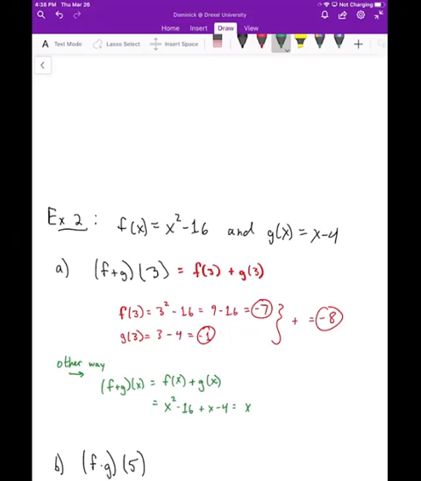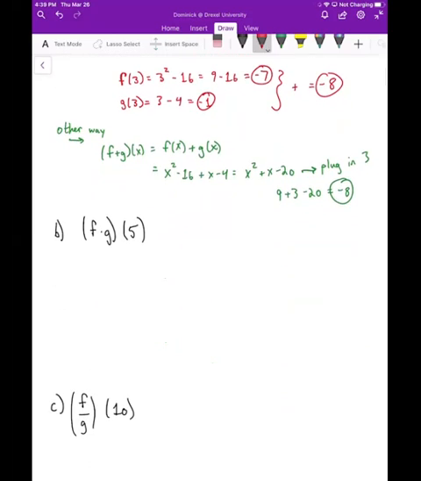So altogether we get x squared plus x minus 20. And if we now plug in 3, well, then we'll get 9 plus 3 minus 20, which is also negative 8. So of course you could do it either one of these ways. It just turns out whichever way is easier, that's of course the way that you would prefer to do it.